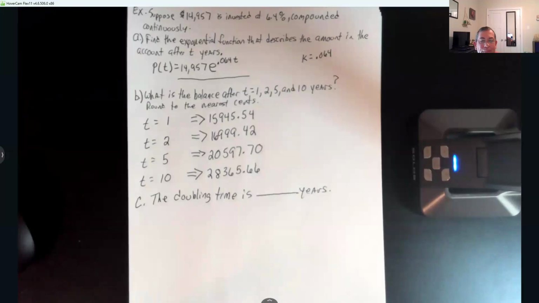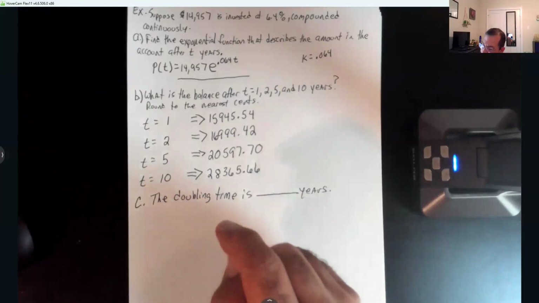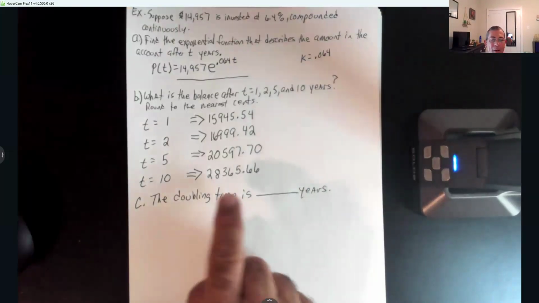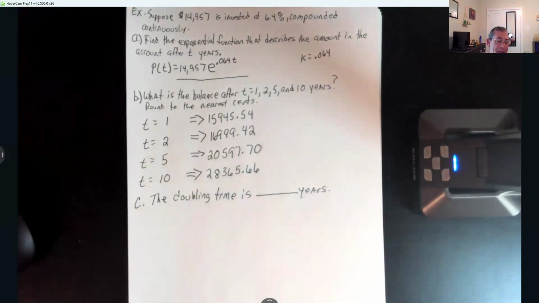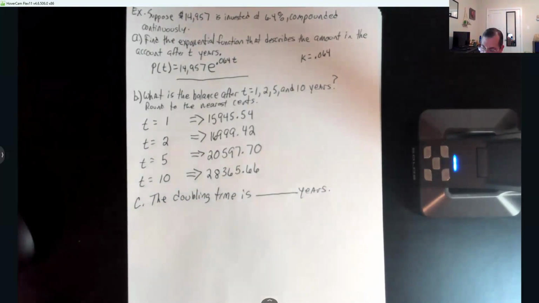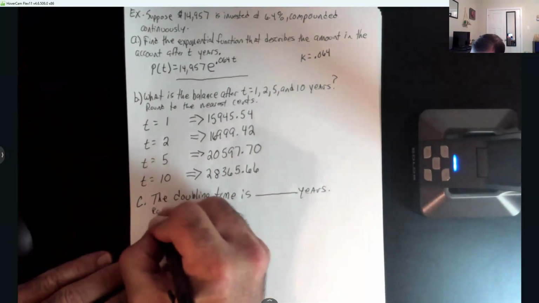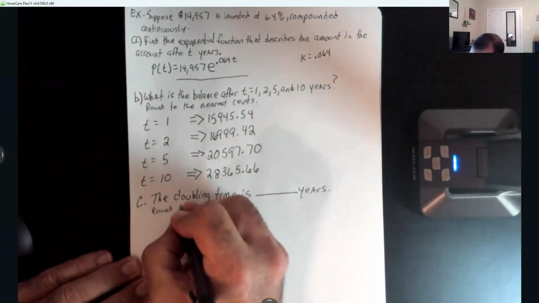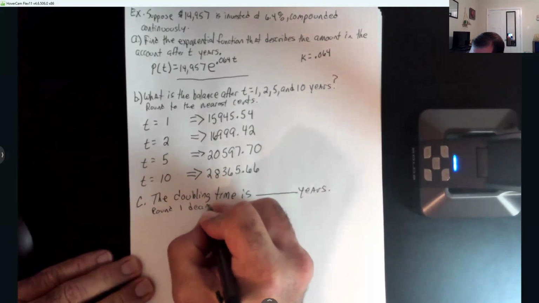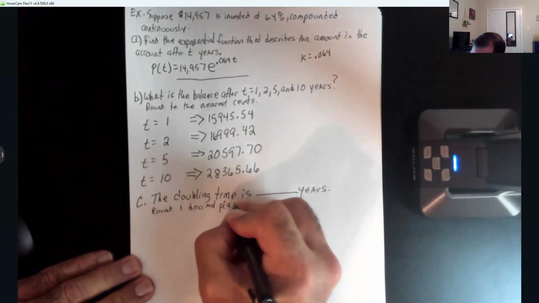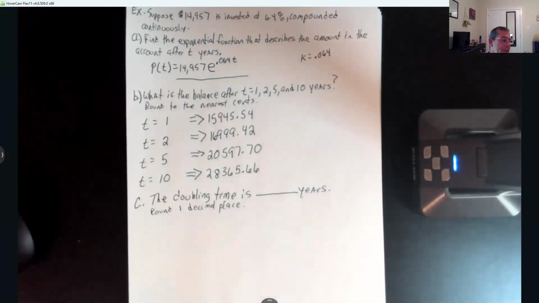All right, so y'all got plenty of formulas. Based on this problem, tell me what is my doubling time, okay? And you're rounding that off to 1 decimal place. So round that answer off to 1 decimal place. Just to see what y'all get on that, okay?